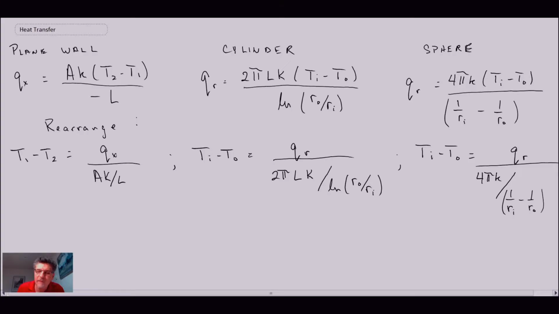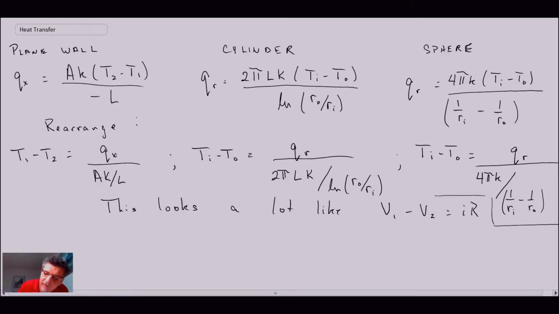When we look at these, this borrows from electrical conductors and Ohm's law. This looks a lot like V1 minus V2 equals I times R, if you recall from a course in electrical circuits.